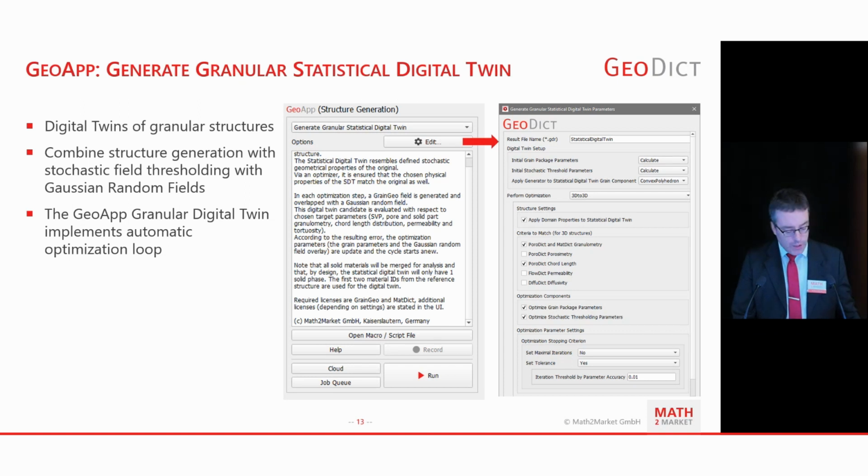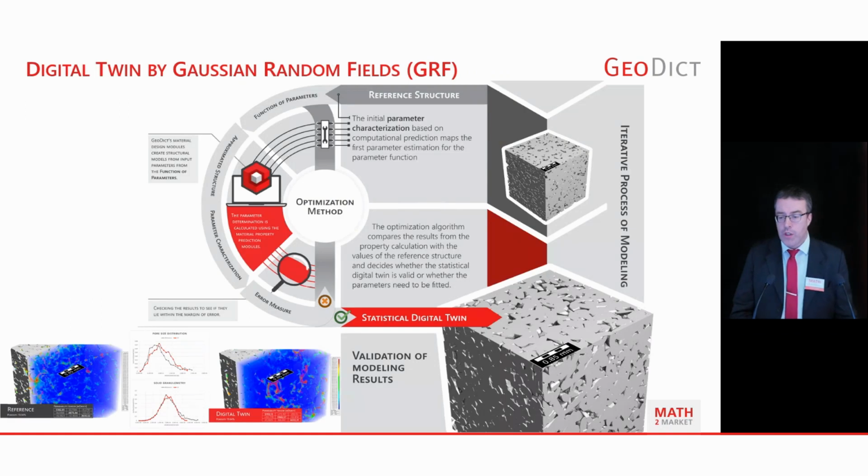And the task here was to combine the structure generation with the stochastic field thresholding with Gaussian random fields. So there was a cycle to at first recreate the modeling of a standard reservoir rock. So actually it can be applied to any grain-based structure.